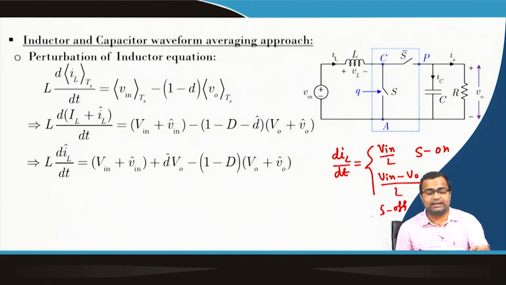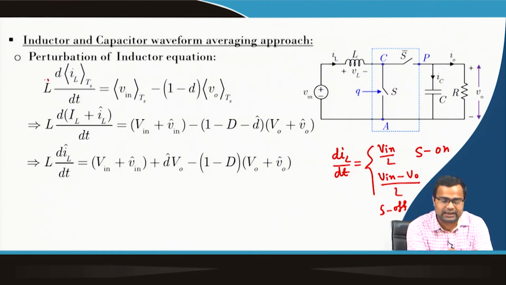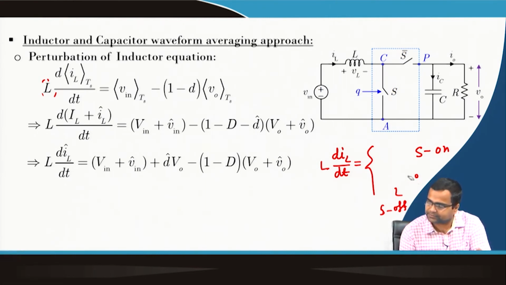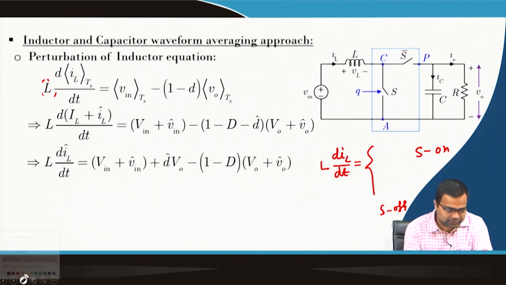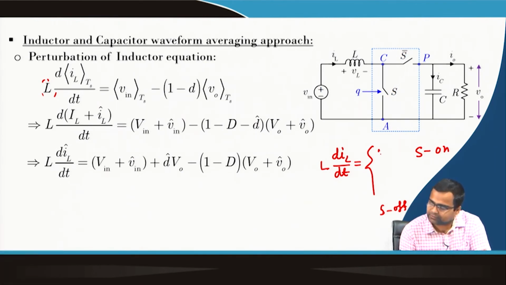That means if I take the average, this is nothing but Vin, and this is nothing but Vin minus V0.